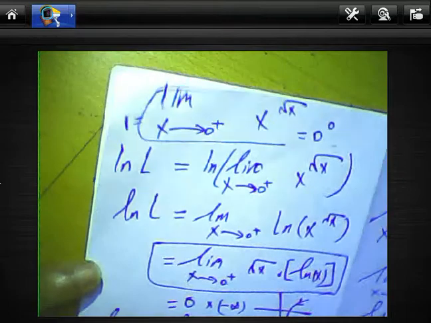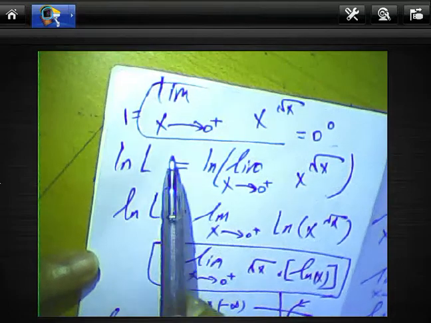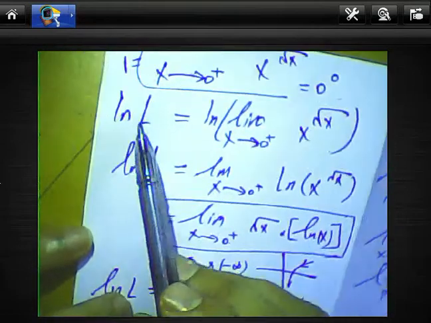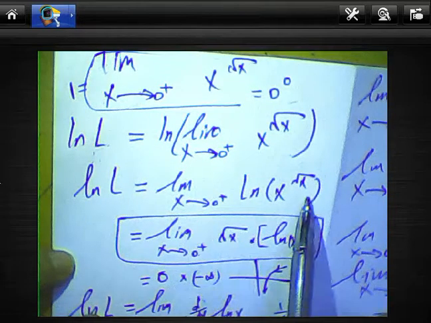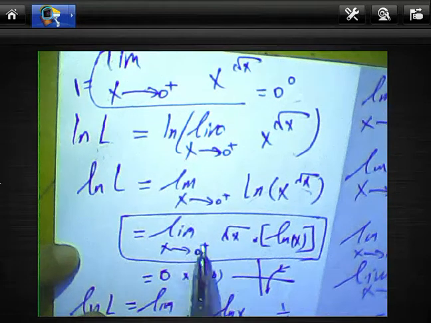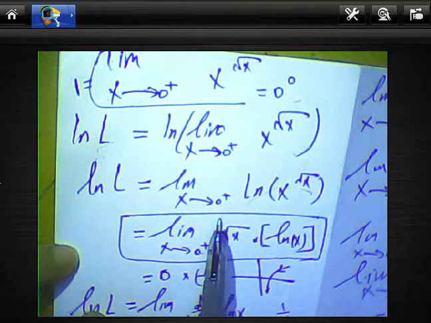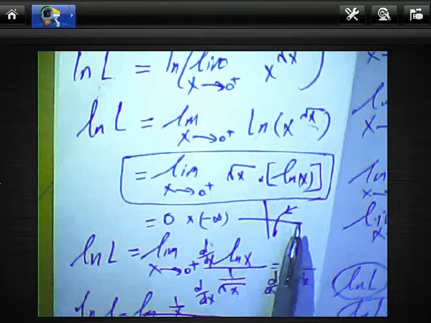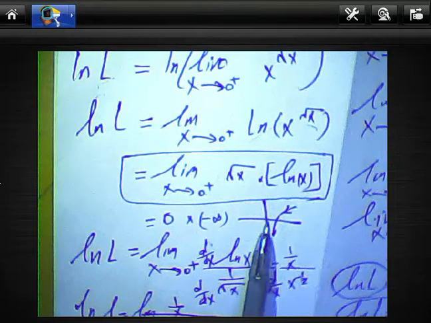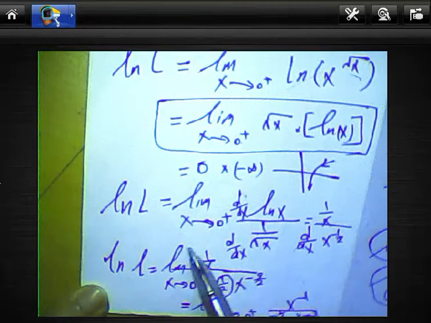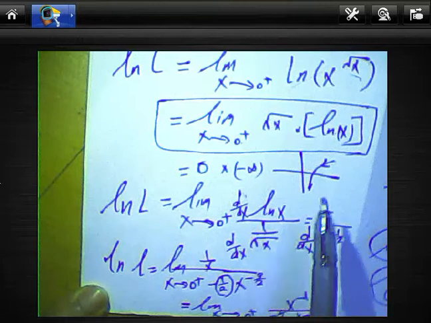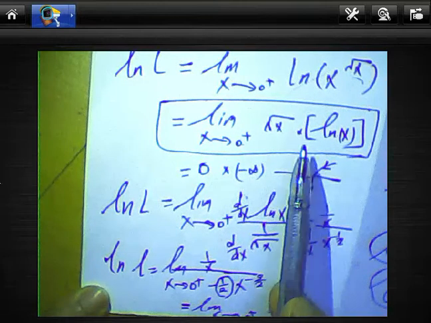Again, we put this limit as L, take ln from the left-hand side and right-hand side, and we can solve it. We drop root x here and put x equals 0 plus. 0 plus, ln of 0 plus equals negative infinity, so 0 multiplied by negative infinity. So we find the derivative of the numerator and denominator, converting this fraction: ln of x multiplied by root of x.